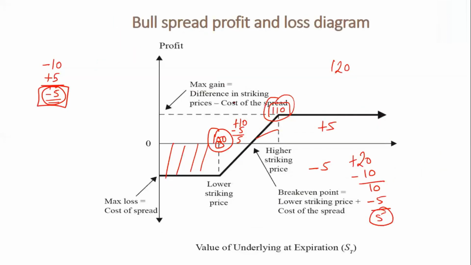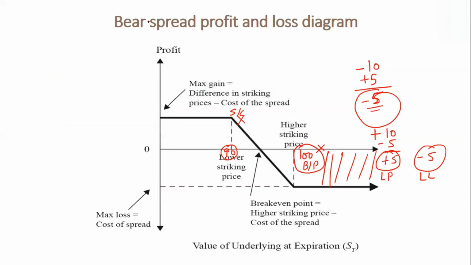A bull spread is much more applicable where you're expecting a small rise in the underlying asset's price, not a huge jump, not a drop, just a small increment. And this bear spread is much more relevant for a market where you are expecting prices to go down a little bit, not too much. Even if it goes down too much, your profit is fixed at 5 only.